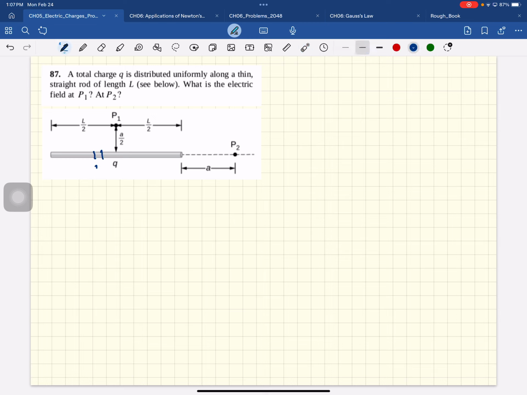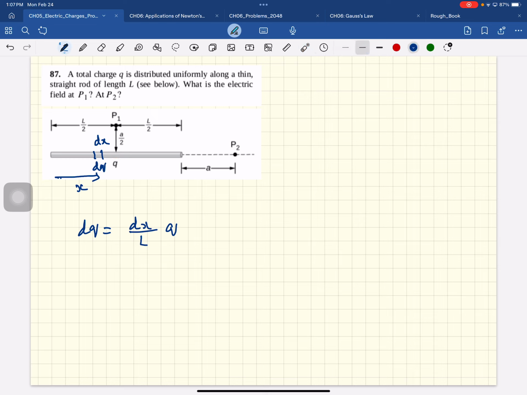How much charge is there on this length? So dq, the charge on that, is dx over L times Q. We'll call this x. What is the electric field at P1 and P2?